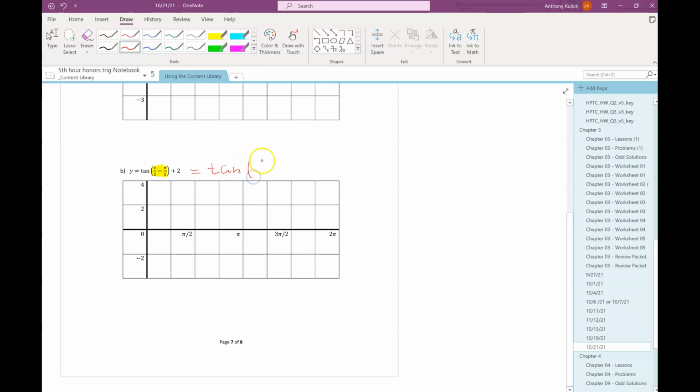If I factor out a 1/2, so the leading coefficient on x is 1, I have this. So here my a is 1, my c is 2, my h is pi, and my k is 2.